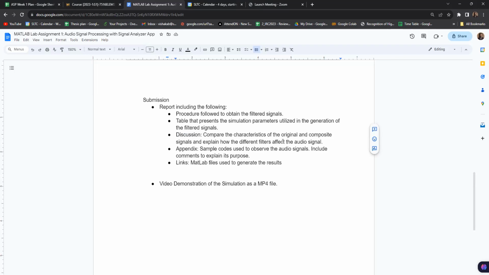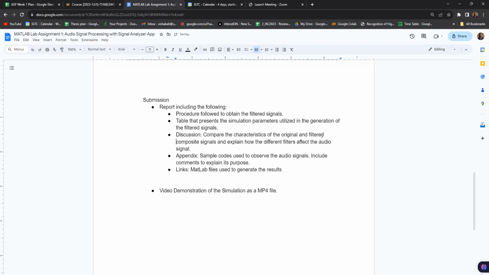So maybe you can mention that, you can compare. So I will put in here that you need to compare the original signal and filtered signals.